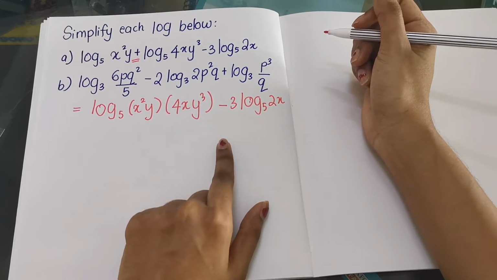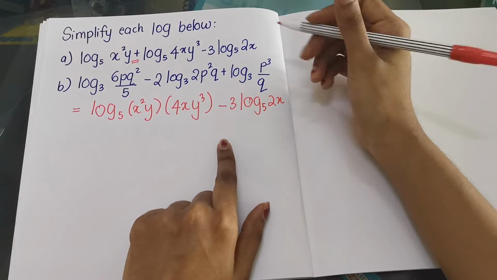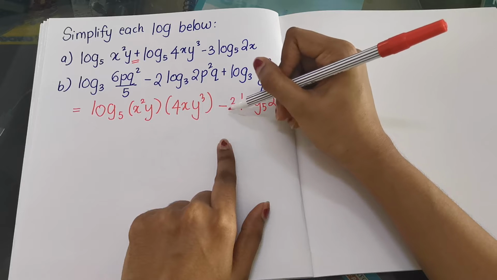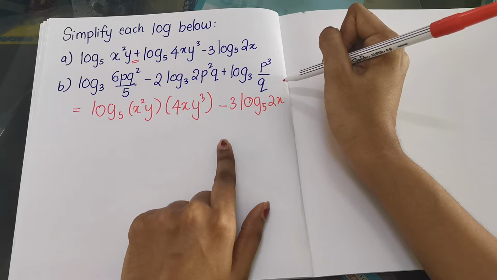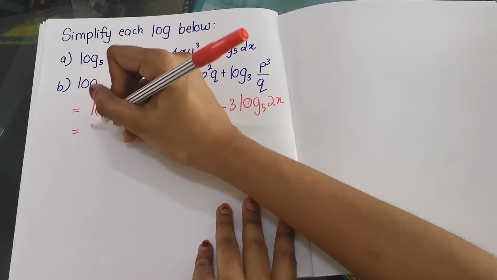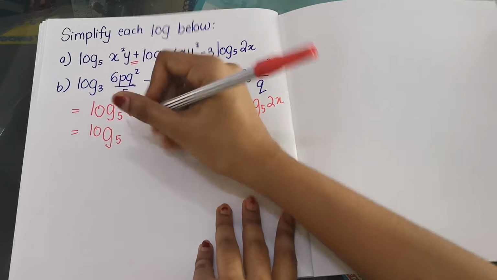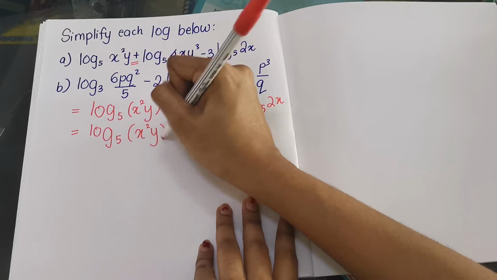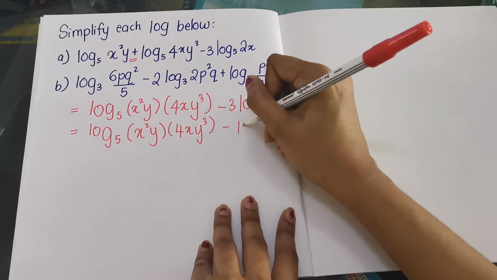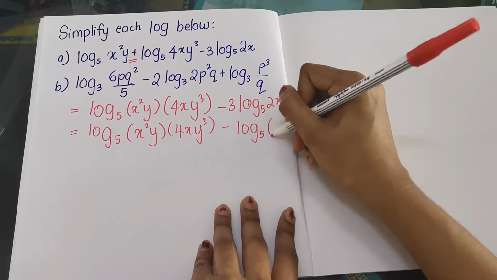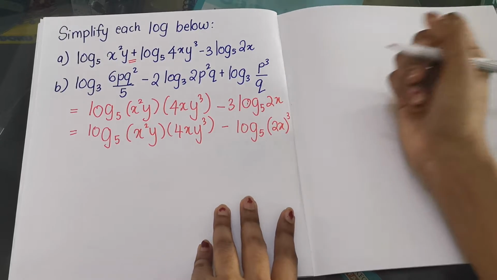Now from here, the 3 can go as the power. When it goes as the power, we write log base 5 of x squared y times 4xy cubed, minus log base 5 of 2x to the power of 3.